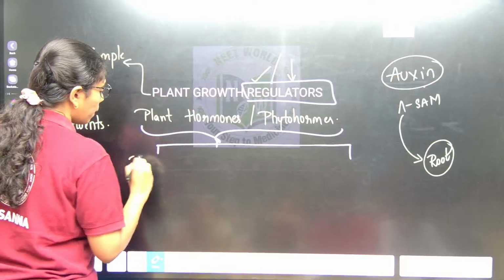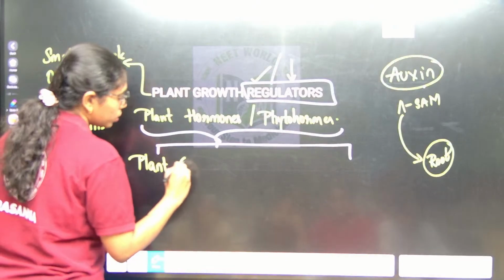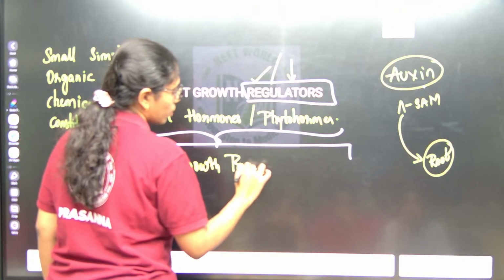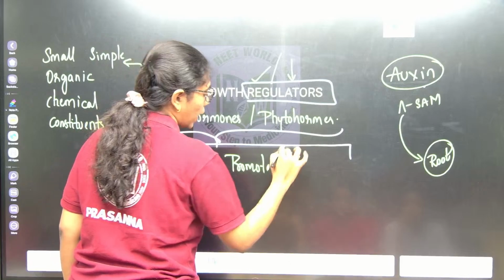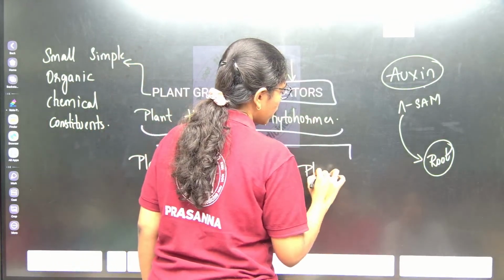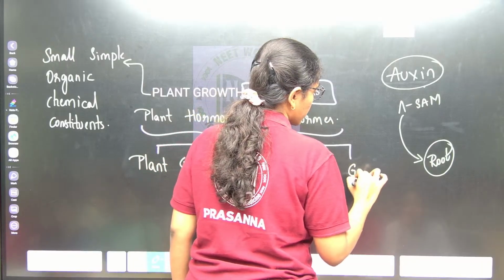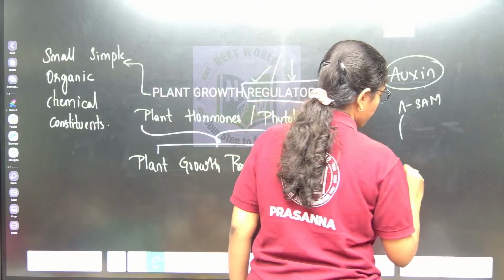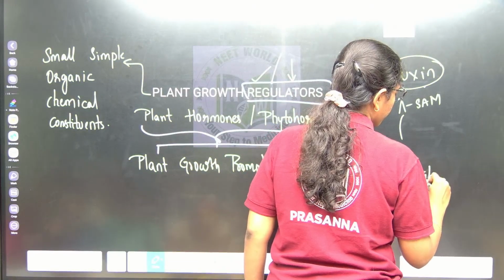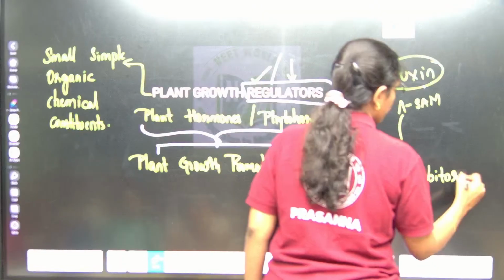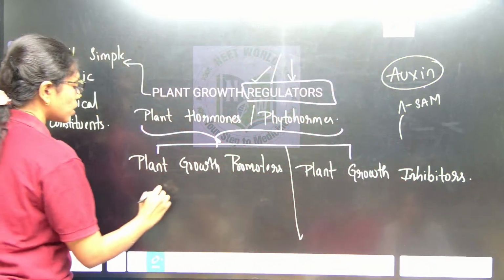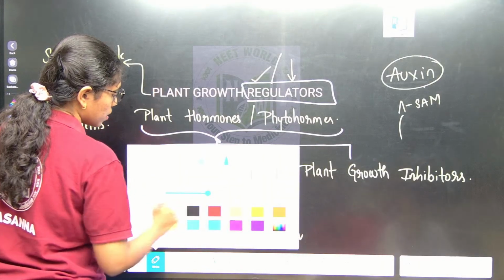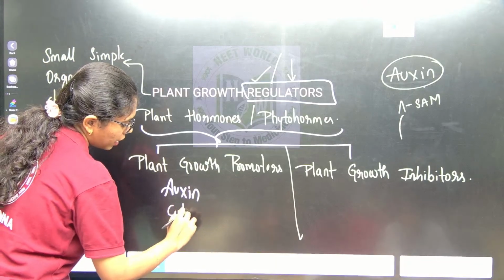First we will learn plant growth promoters, and then plant growth inhibitors. Plant growth promoters include auxin, cytokinins and gibberellic acid.